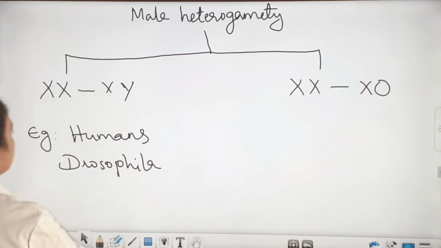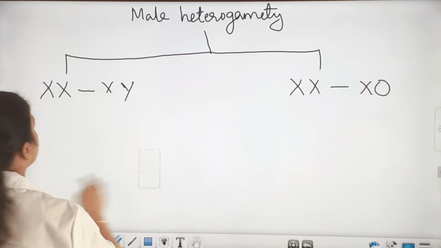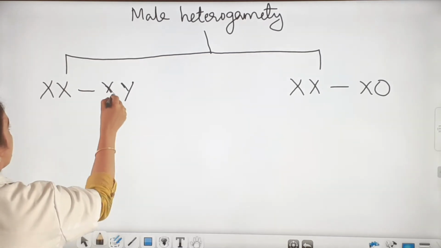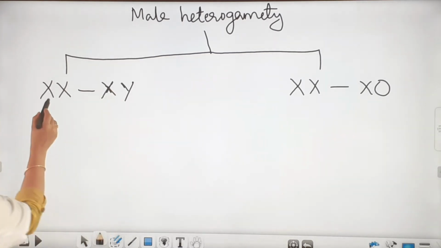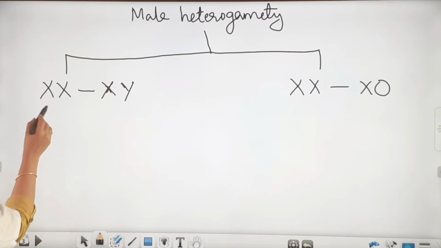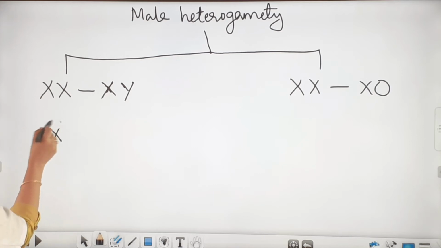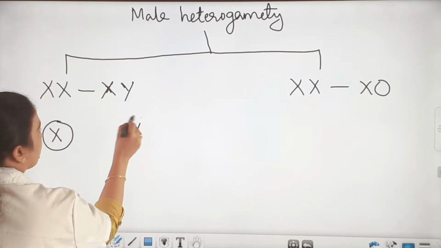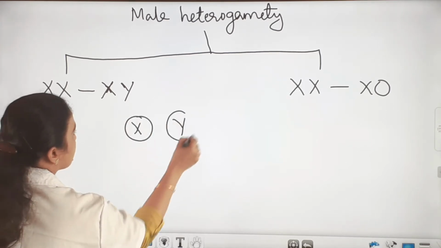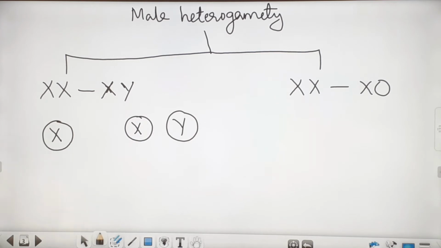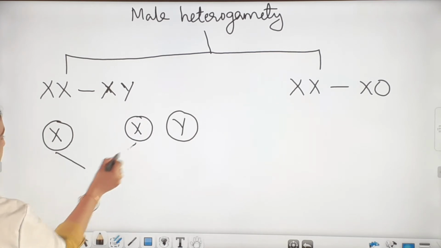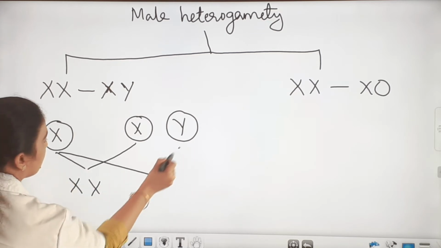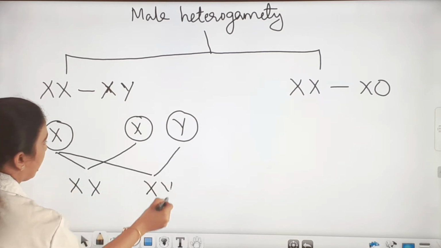Now we can see what the possibilities are in this XX, XY type. The female produces X gametes, and the male produces two types of gametes, X and Y. So this X can cross with this X, giving XX, and this X with this Y, giving XY.